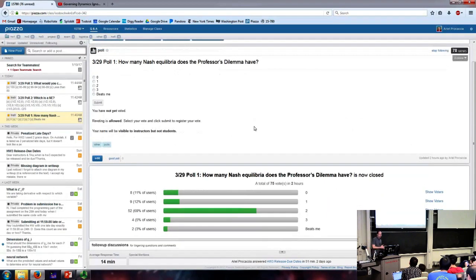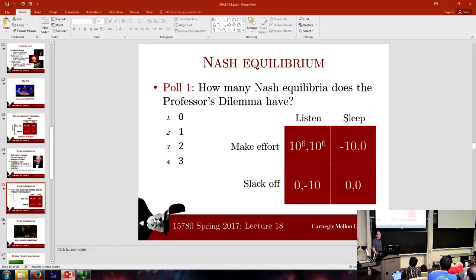Okay, excellent. We have a big majority for the correct answer, which is 2. Would somebody like to say which are the 2 Nash equilibria? Excellent. The 2 are make effort and listen, and sleep and slack off.